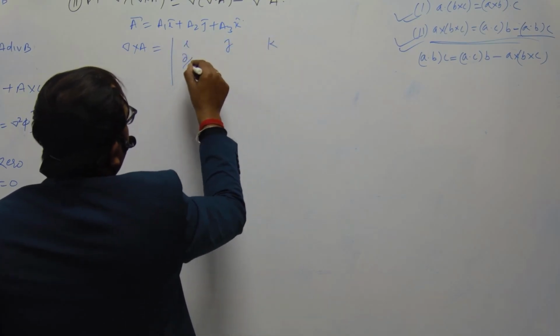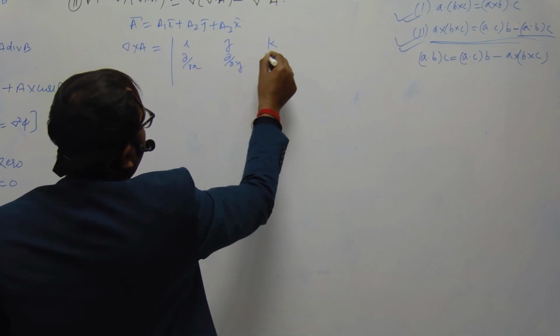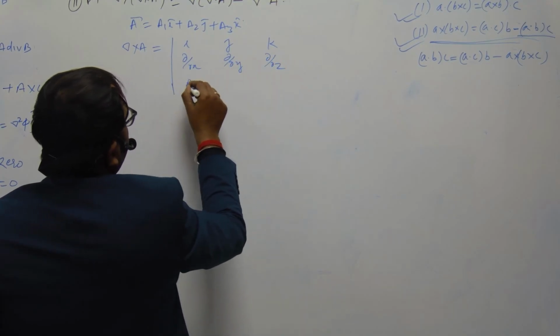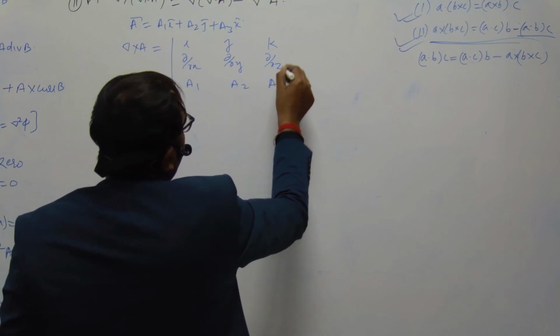This is del upon del x, this is del upon del y, this is del upon del z, and we have this as a1, a2 and a3. Let us expand this.